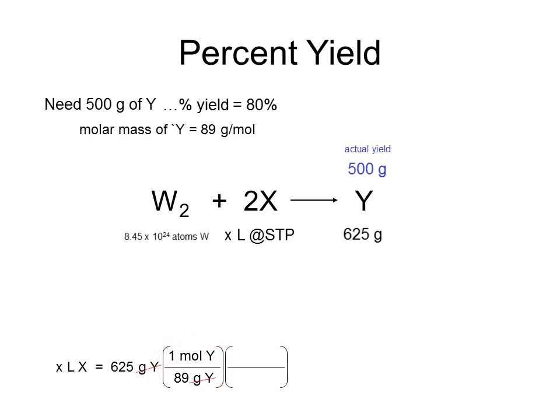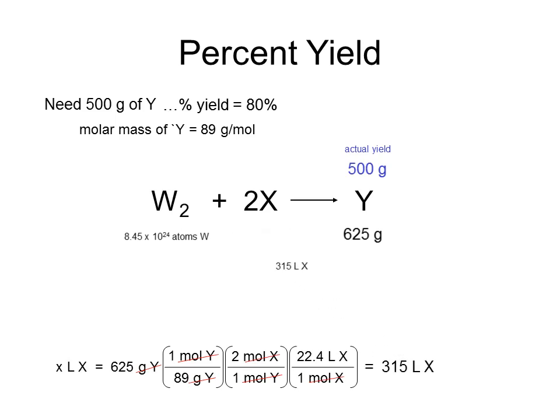My next step is to use the coefficients again. 1 mole of Y will be produced from 2 moles of X. So I make moles of Y on the bottom, 2 moles of X on the top. Moles of Y cancel. Finally, I recall that 1 mole of any substance at STP, if it's a gas, occupies 22.4 liters. So the moles of X cancel, and I'm left with my final answer, 315 liters of X.